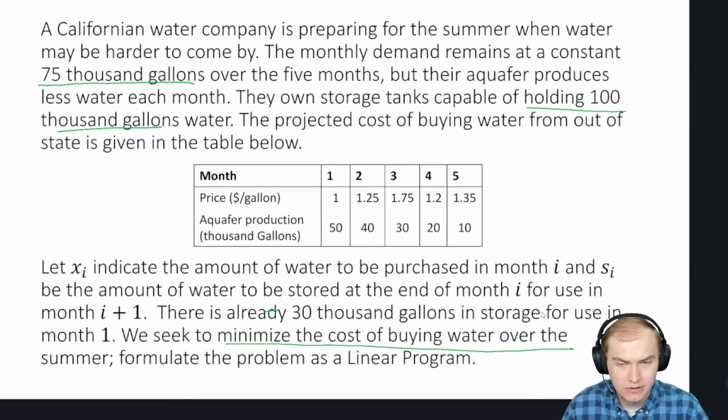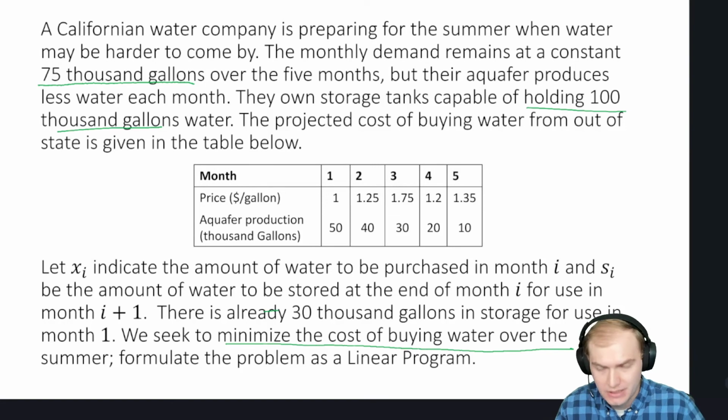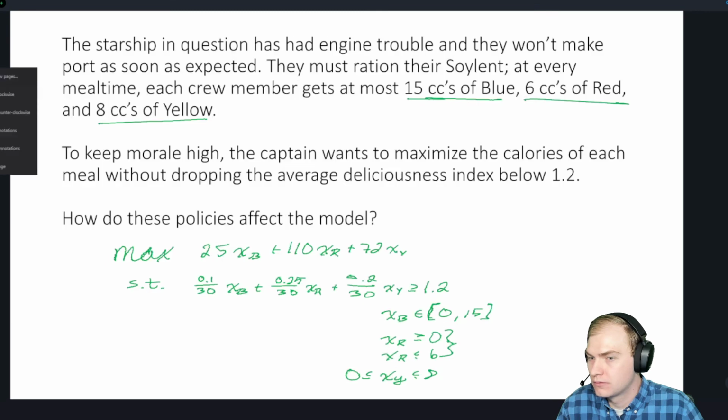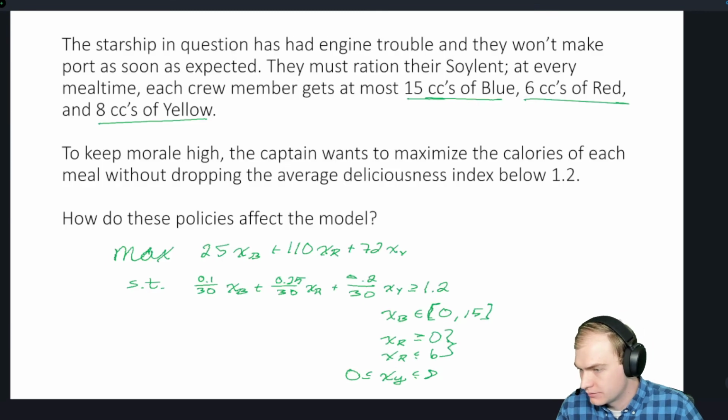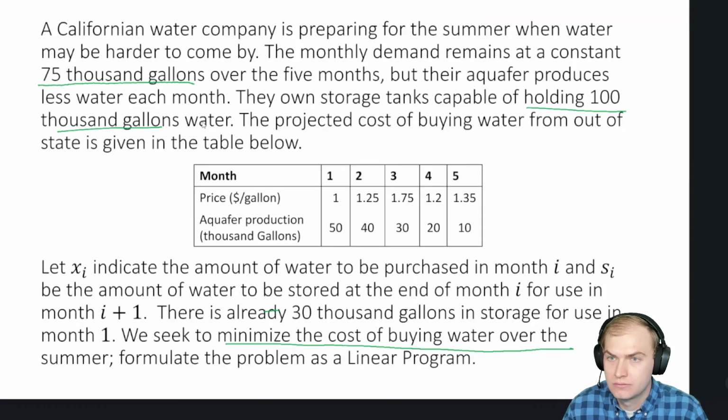So let's move on to the formulation. I need an extra page here. Insert page. Great. All right.